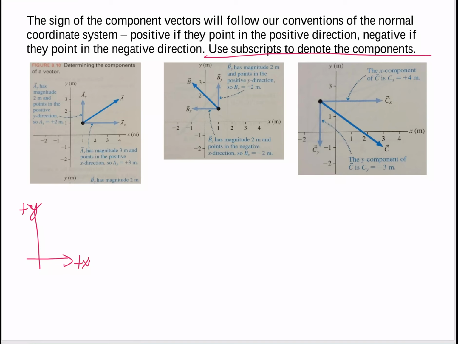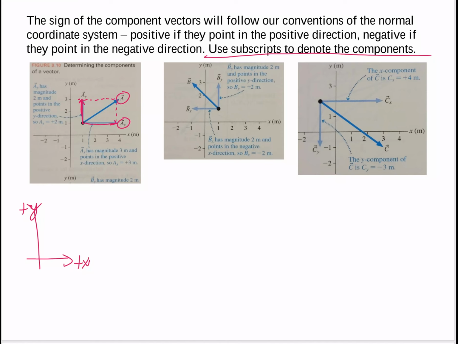In this case, we have our vector A like that. Then A sub y has this magnitude right here, and notice that those line up like this. They're saying here A sub y has a magnitude of 2 because its length right here is 2. And A sub x has a magnitude of whatever this length right here is, and notice that those line up right there.